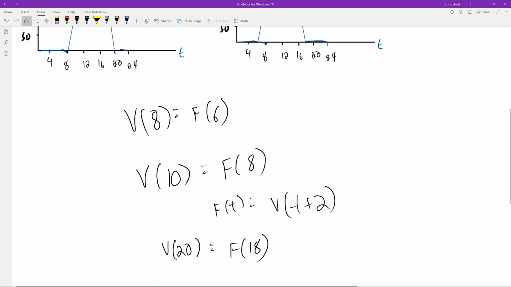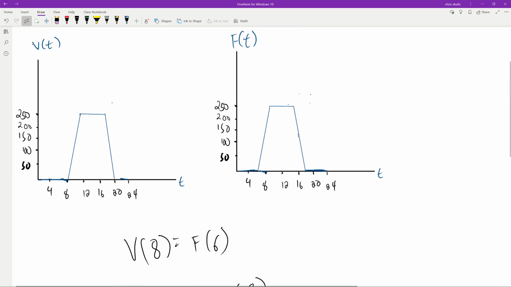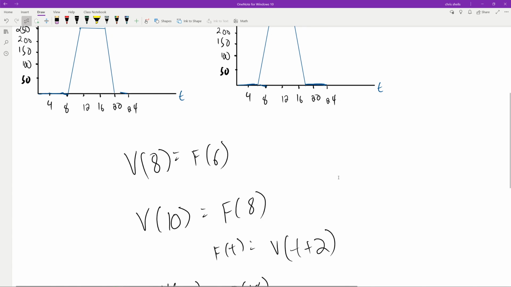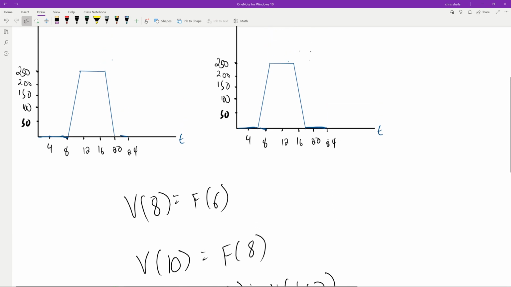So, horizontal changes here, or inside changes, affect the domain of this function instead of the range. And these often seem counterintuitive, right? We might think that because this shifted to the left 2 units, that I should be subtracting here, right? But in fact, because this shifted to the left 2 units, that means that really these same values are occurring 2 hours earlier, right?